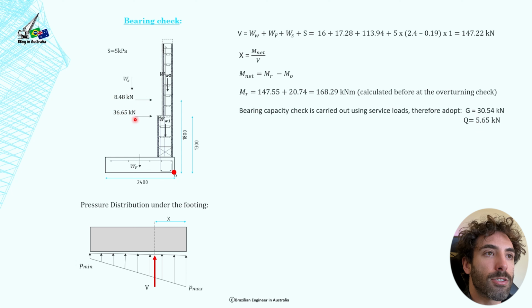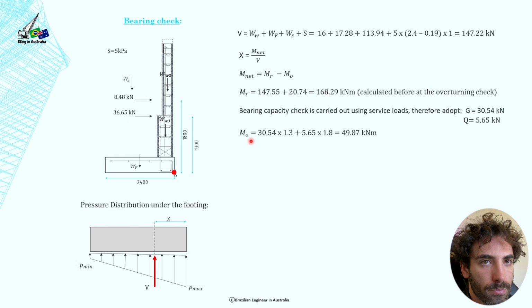Okay, so what that means is that the overturning moment is going to be 30.54 here times 1.3 plus 5.65 times 1.8. That is 49.87 kilonewton meters.